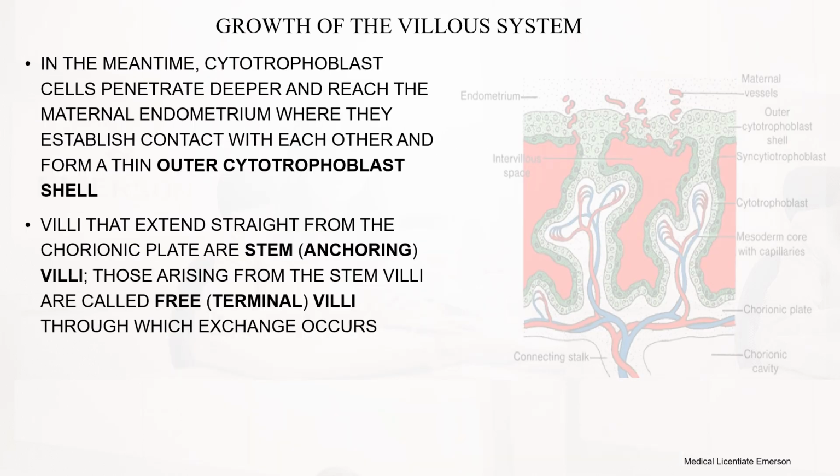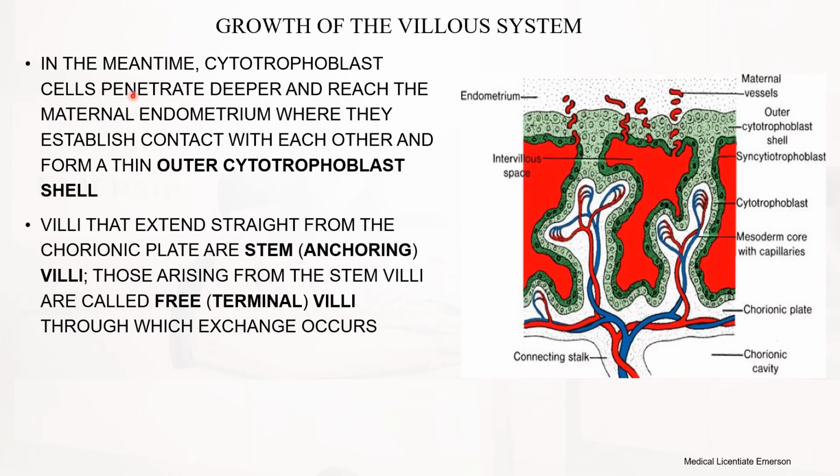So let's continue. In the growth of the villous system, in the meantime, the cytotrophoblast cells penetrate deeper and reach the maternal endometrium, where they establish contact with each other and form a thin outer cytotrophoblast shell.